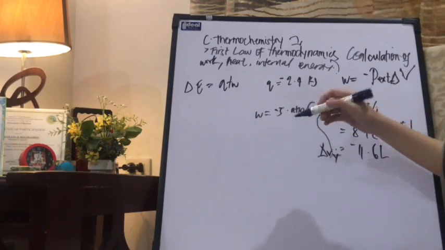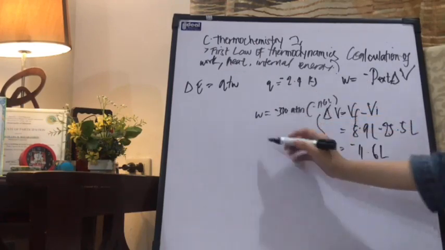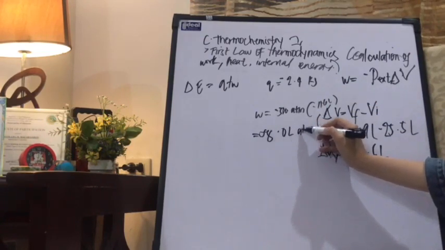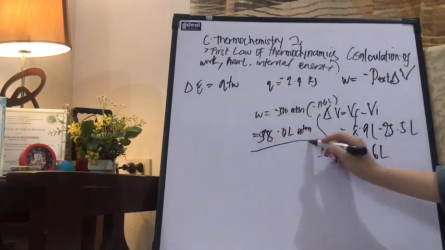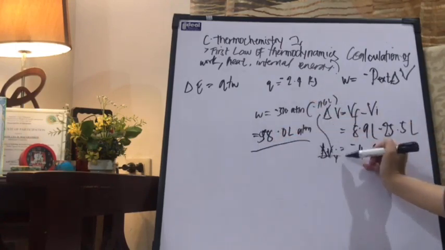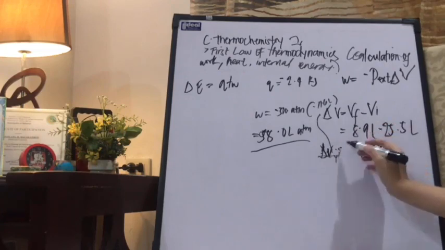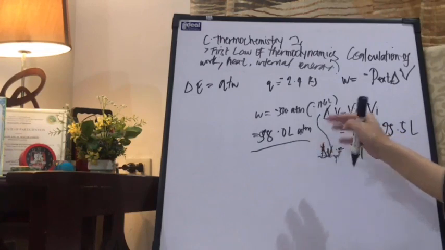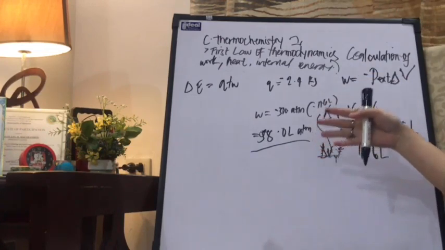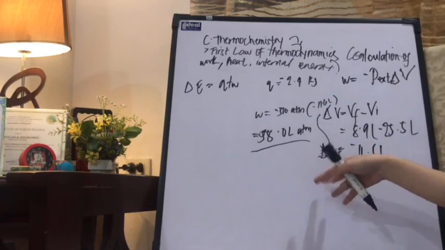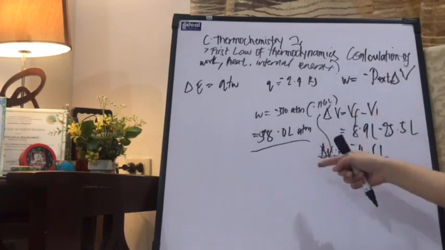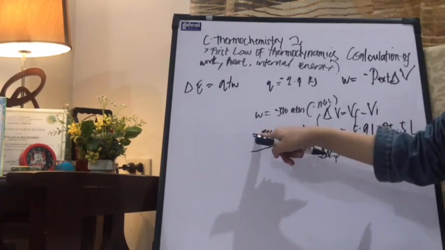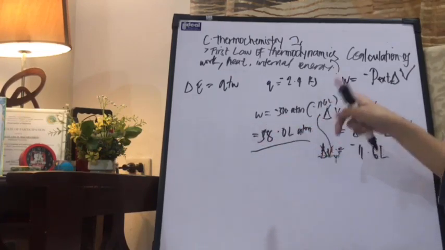So when I multiply this out, I get positive 58.0 liter atmospheres. It makes sense that the work is positive, because when I compress the gas, the surroundings are doing work on the system, so the system is increasing in energy. So our result should be positive. If the gas expands, then the system is doing the work, and our work is going to be negative. But in this case, it is positive 58.0 liter atmospheres.